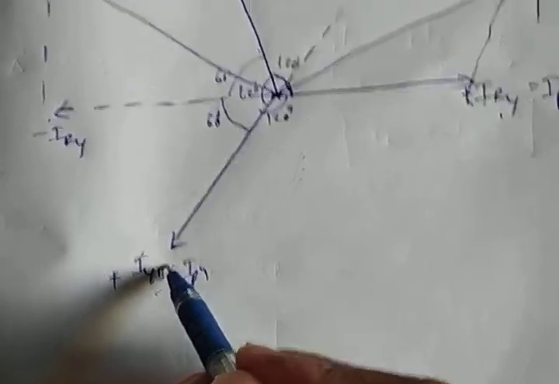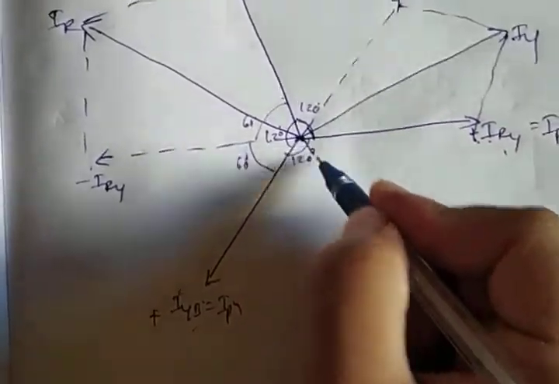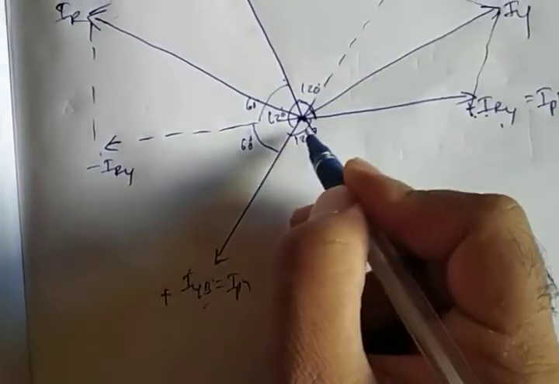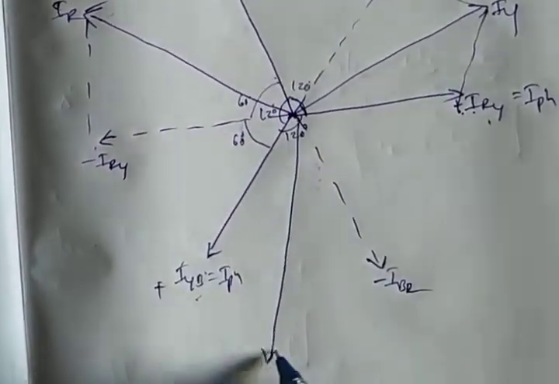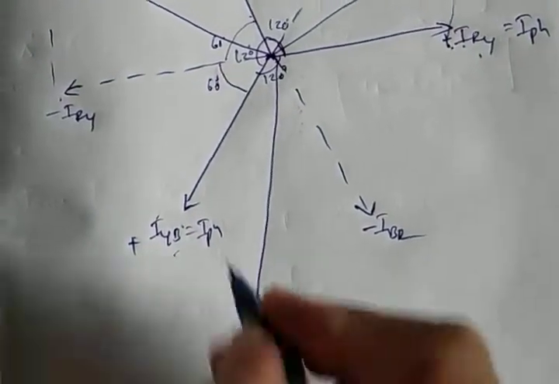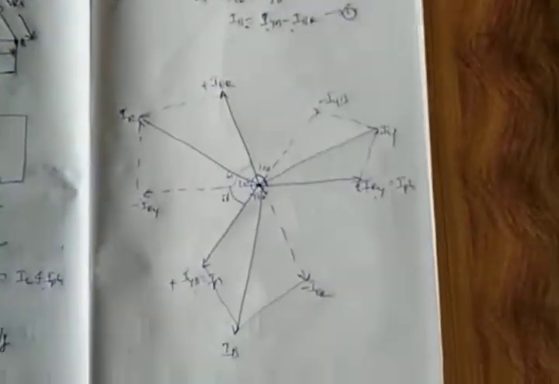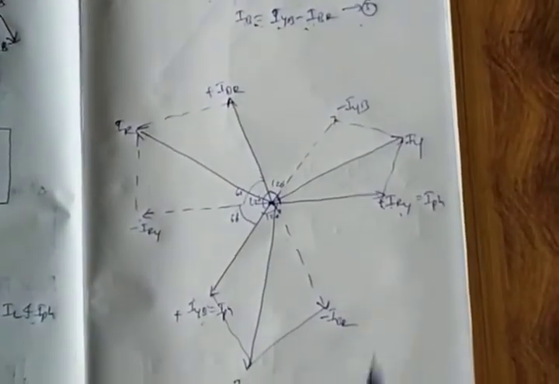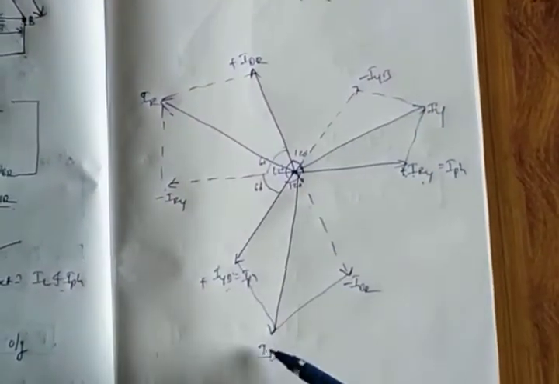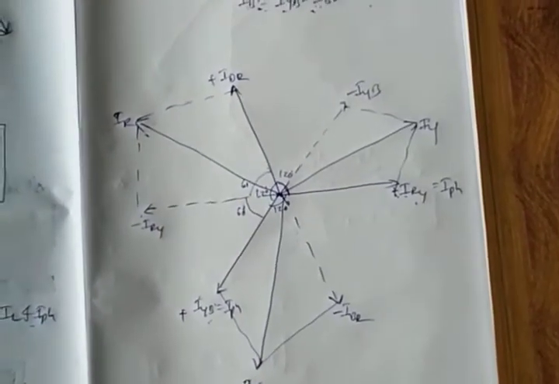Plus IYB is here, plus IBR is here, and minus IBR means opposite to this. The resultant of this will be IB. Join this, and this is the complete phasor diagram of IR, IY and IB. All three equations are drawn in the phasor diagram.